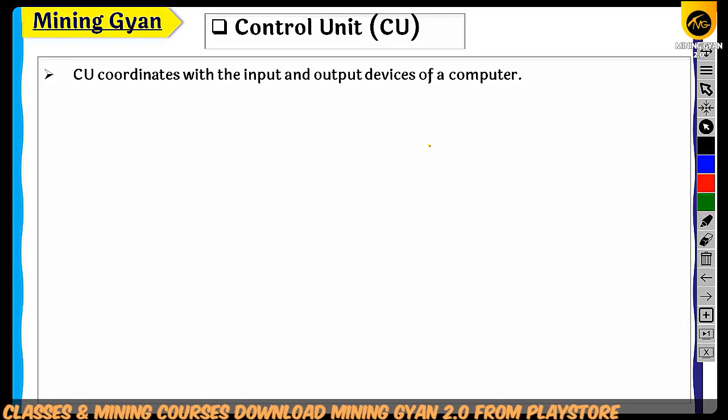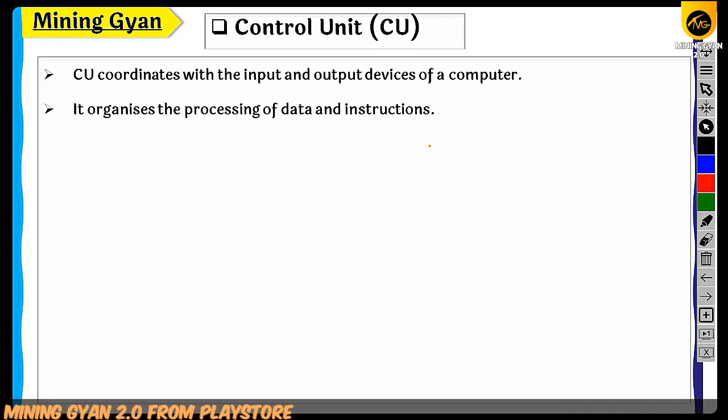So the main work of the control unit is to coordinate. It balances between the input and output devices. It organizes the processing of data and instructions. कौन सा डेटा पहले प्रोसेस होगा, कौन सा डेटा बाद में प्रोसेस होगा. So it also organizes the processing of the data according to the instructions given by the user.